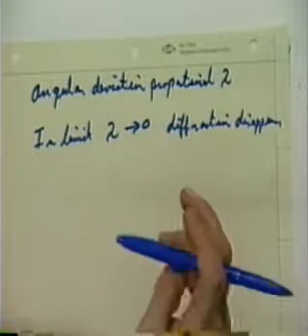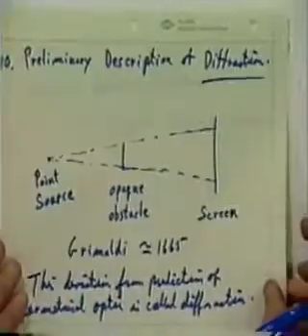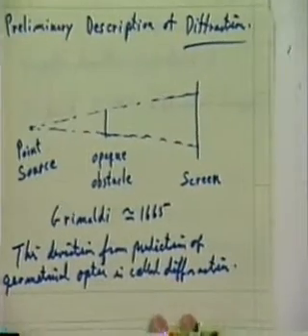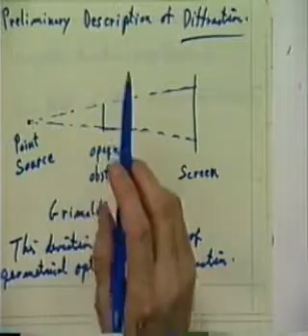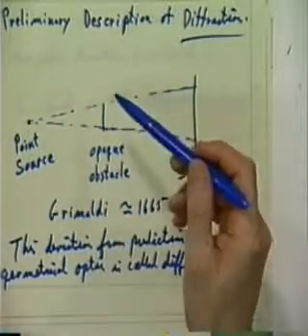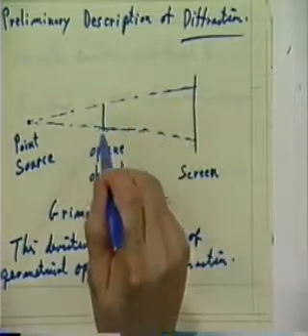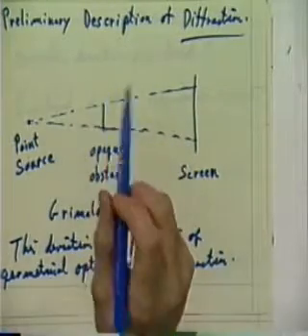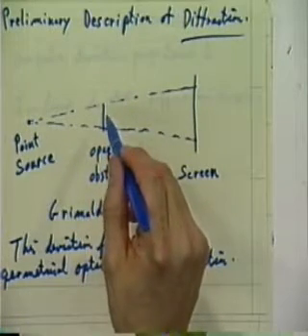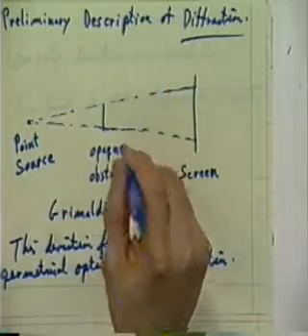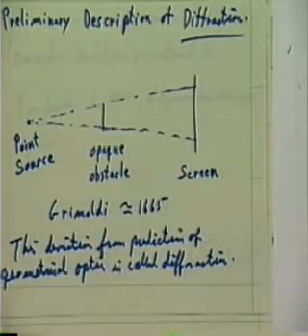Okay. Well, as we go through this, what we're going to do is go to a wave equation, and then we're going to find solutions here that satisfy the boundary conditions here. And so really the diffraction problem is a boundary value problem. And as we go through this, the math gets a little bit messy.